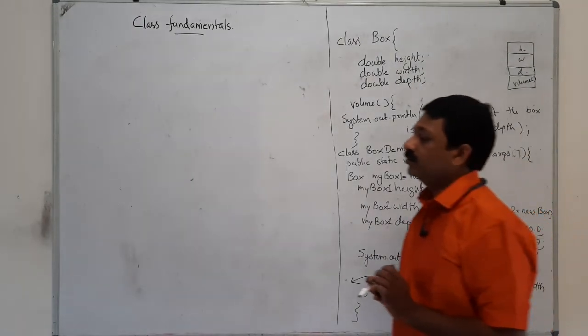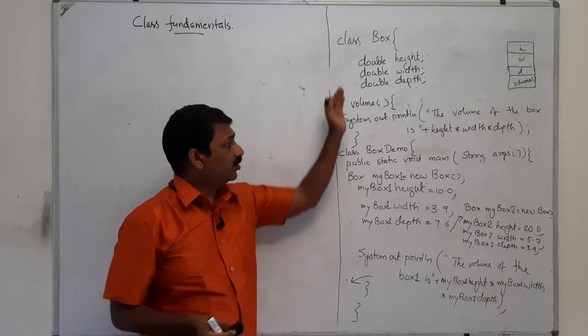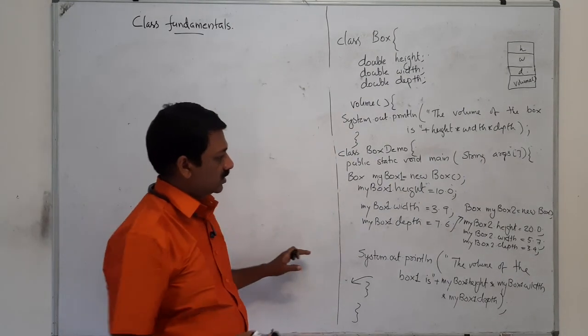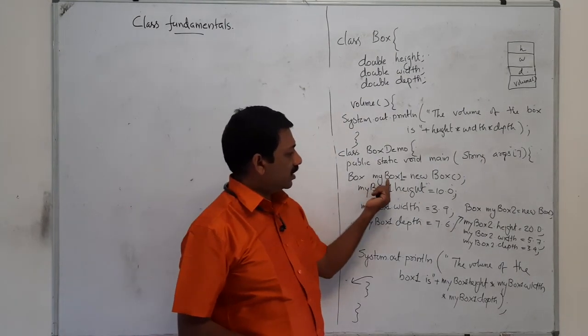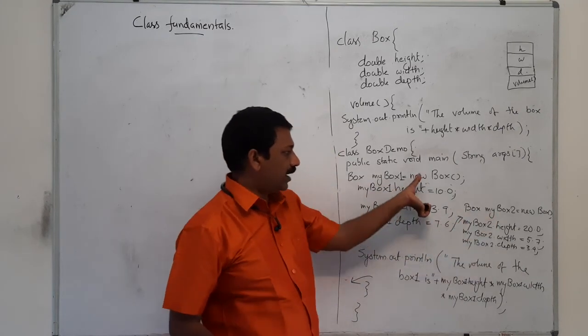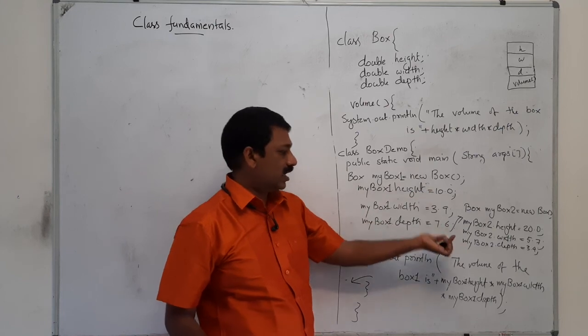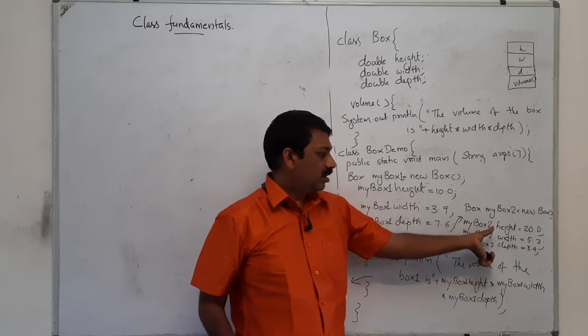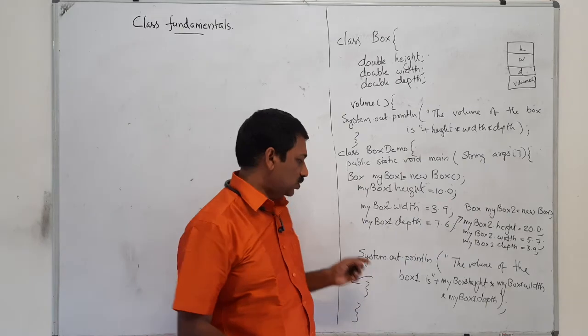Now here I am going to have a minor modification for this. Here you have created my box 1, here you have created my box 2, then parameters of my box 1 are set and parameters of my box 2 are also set.